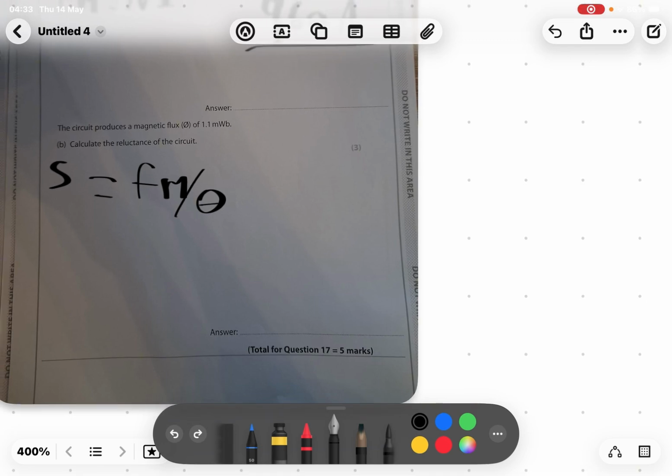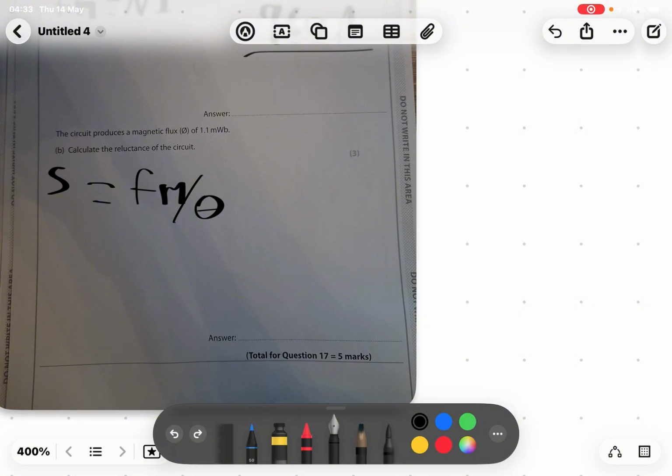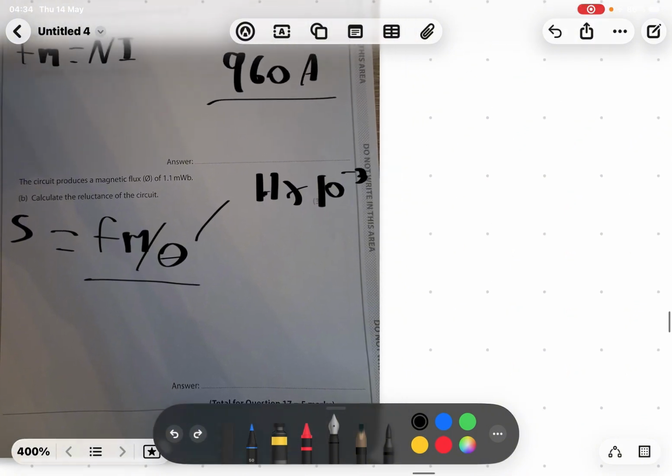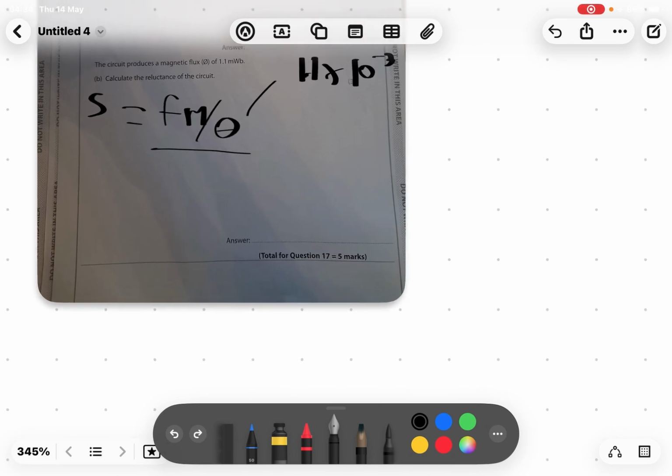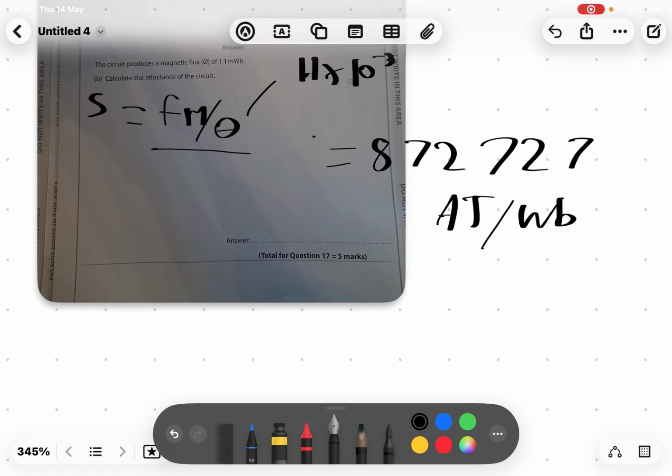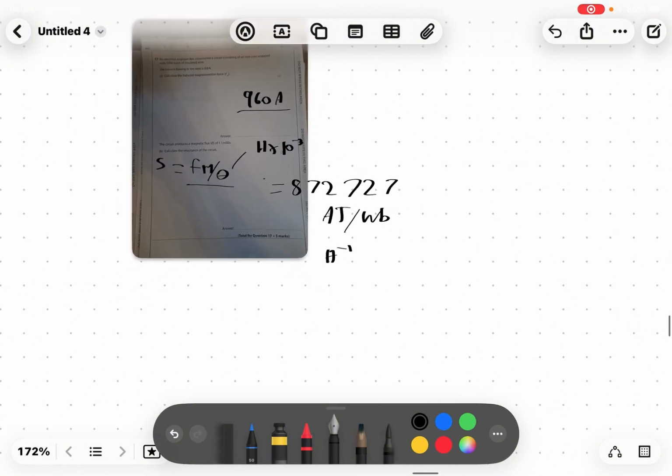However, since there's a micro here and we don't want the micro, we divide by 10 to the power of minus 3, and we multiply this by the previous answer. Those two multiplied give us this, and the units, whatever that is, are equal to this. Or it can be H to the minus 1. Oh my god.